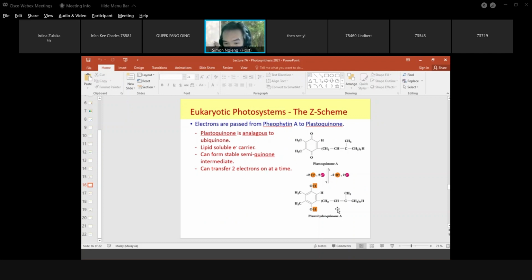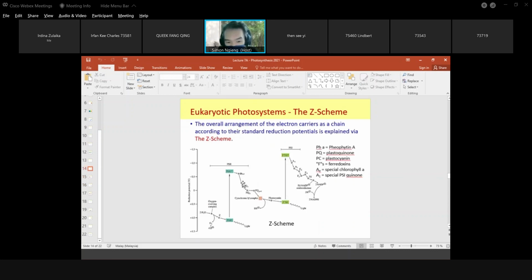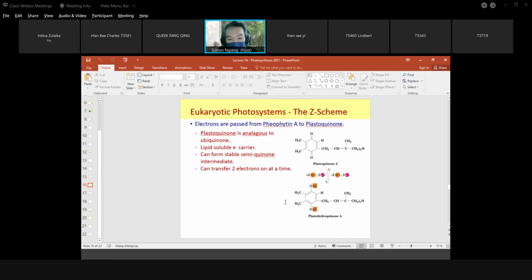One plastoquinone here can actually hold a maximum of 2 electrons and 2 hydrogens, which is why sometimes you will see in books plastoquinone labeled plastoquinol. Sometimes they label the one with H2 as PQH2, called plastoquinol. They are able to carry, because what you see here, these are actually carriers. They help to carry the electron from here to here.